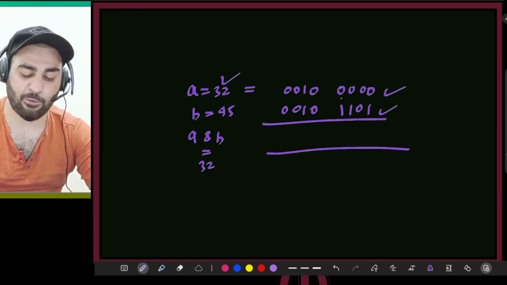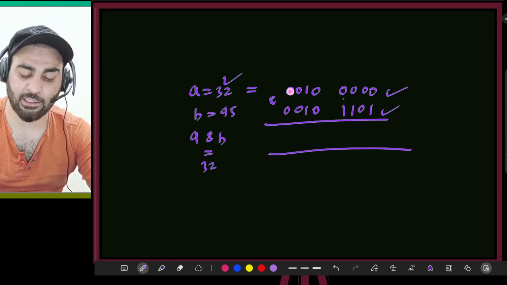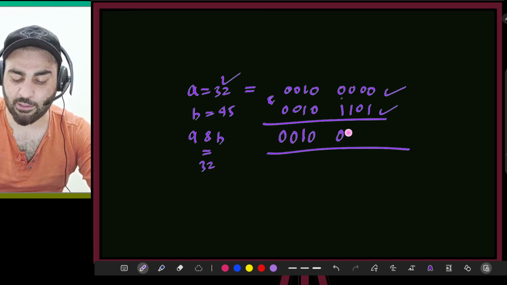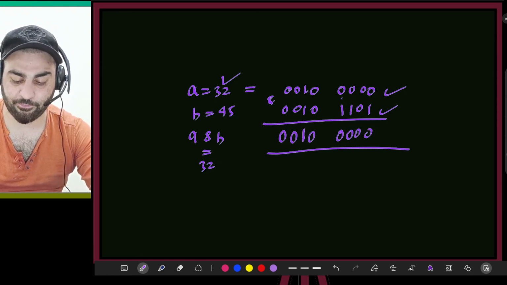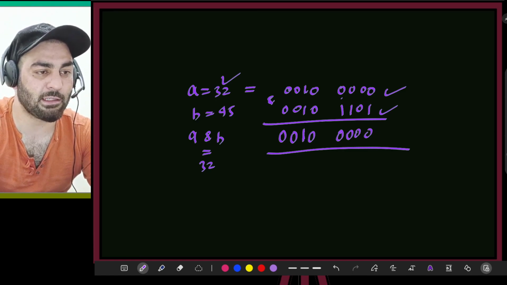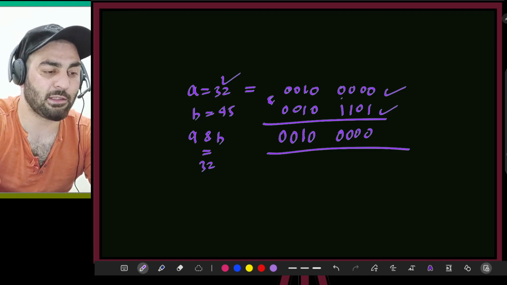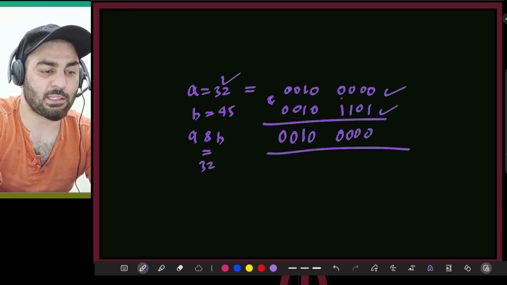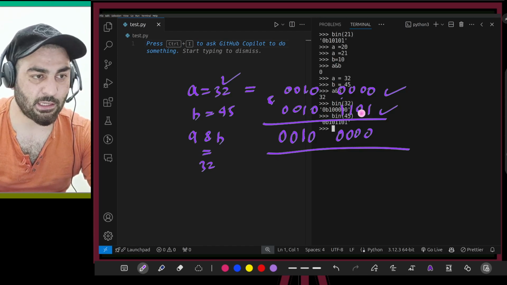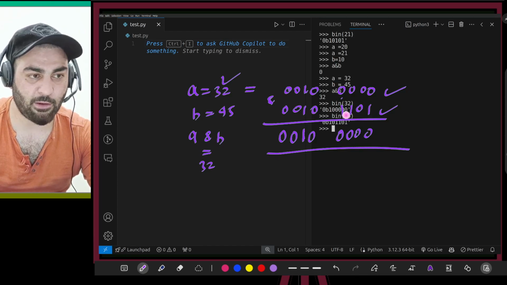Now let's perform the bitwise AND operation. 0 and 0 is 0, 1 and 1 is 1, and the rest are 0. Did we write that accurately? I don't think so. Let's see if we wrote exactly what it was. So this was 1 0 followed by 1 1 0 1.